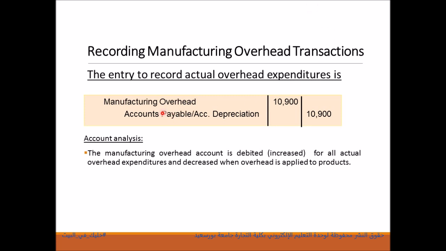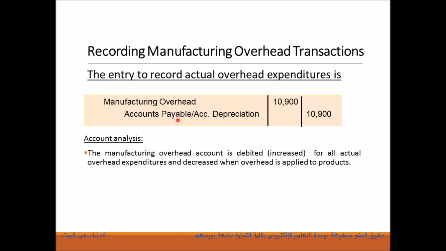So we need to debit manufacturing overhead account for overhead costs incurred. The credit goes to several different accounts depending on the nature of the cost. If the cost is related to indirect material, the credit goes to accounts payable. If the cost is related to indirect labor, the credit goes to wages payable.